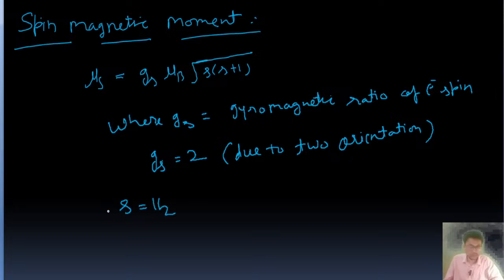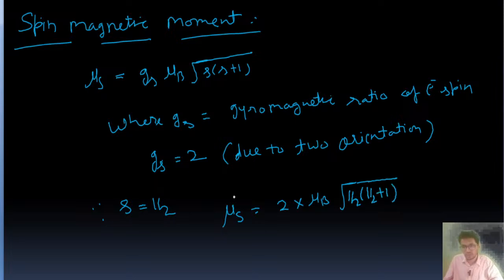So since s value is half, the mu s value is going to be, if you put this value, 2 into mu b root s into s plus 1, so half into half plus 1. If you calculate this, mu s value is going to be root 3 mu b.